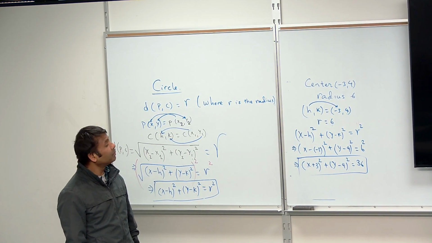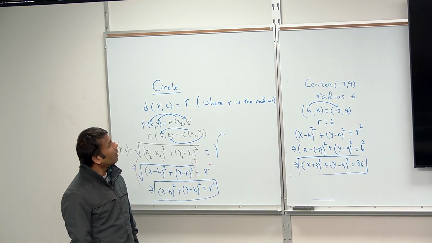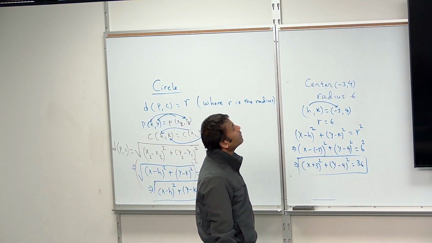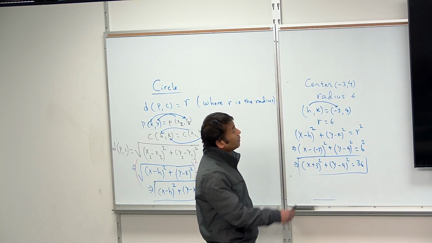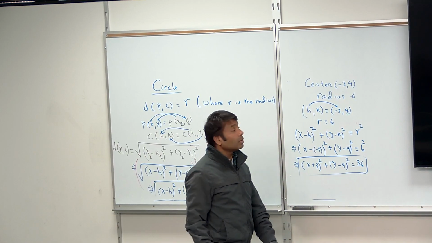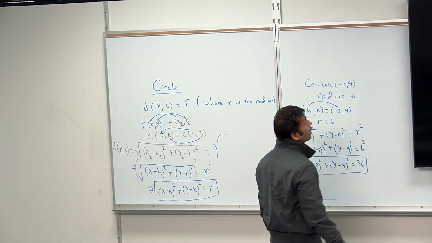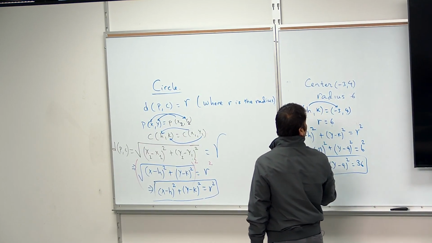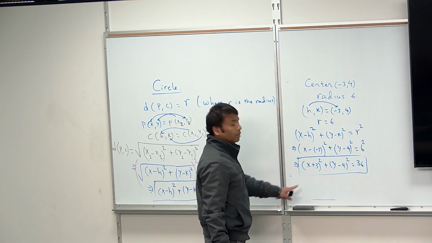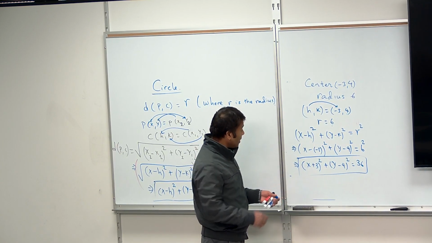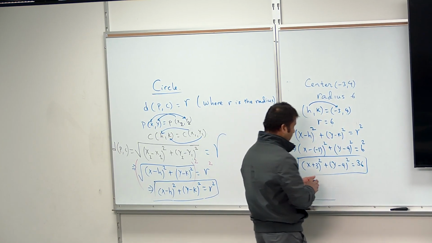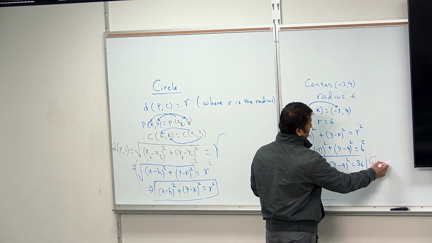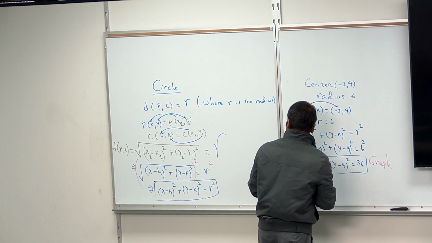Look here. Okay, so now, graph each circle. So you need to graph this circle, x plus 3 squared and so on, exactly this one.